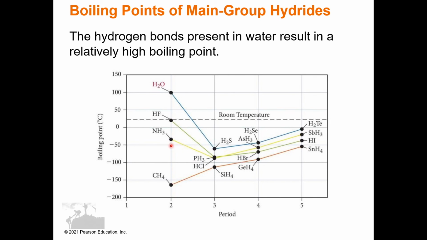But if we take a look at NH3, HF, and H2O, we see that these three do not follow the trend. And that's because they like to have fun. They form hydrogen bonds. And so that's why their boiling points are higher than the rest of the groups. Now, water's boiling point is higher still because, again, one water molecule can form many hydrogen bonds with other molecules.